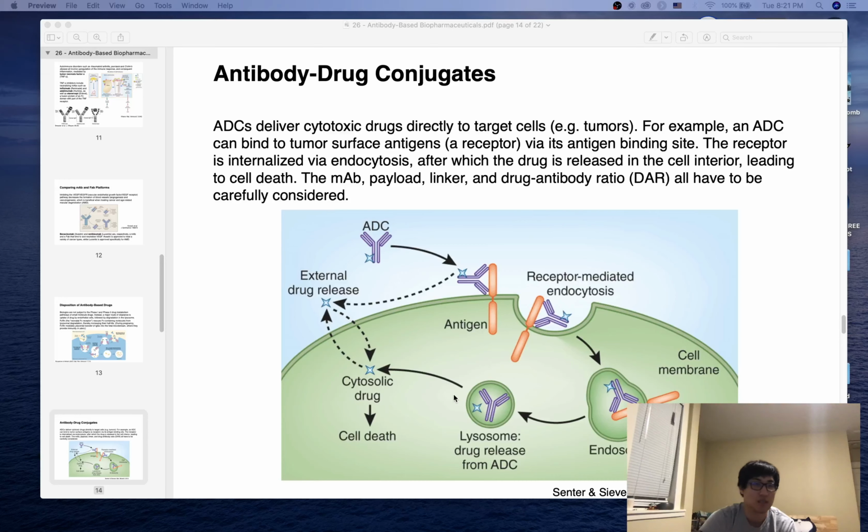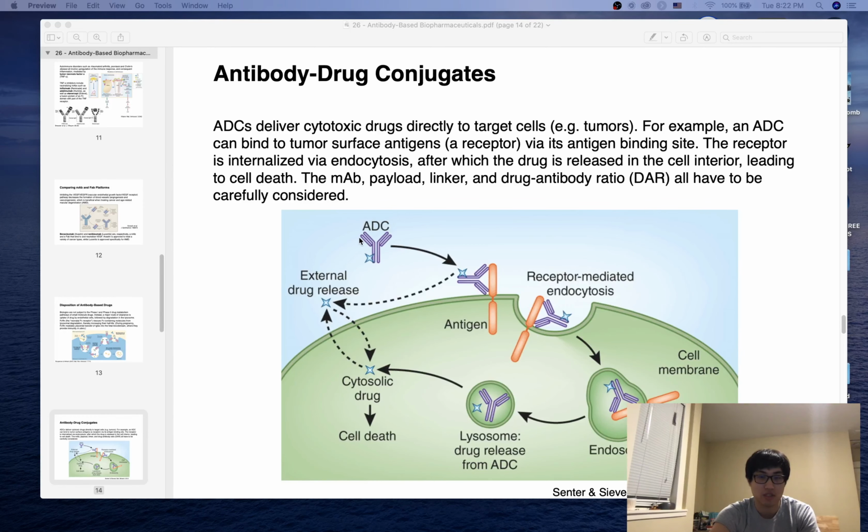Okay, this one, antibody drug conjugates. This is a drug delivery idea.